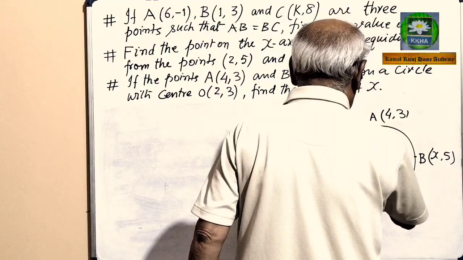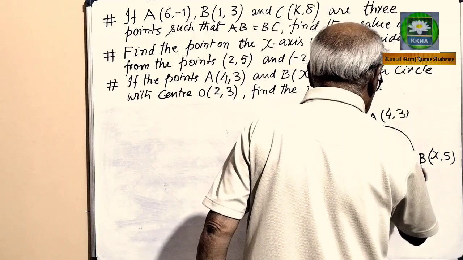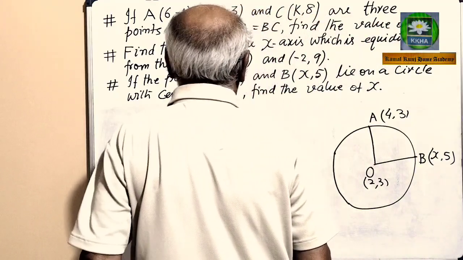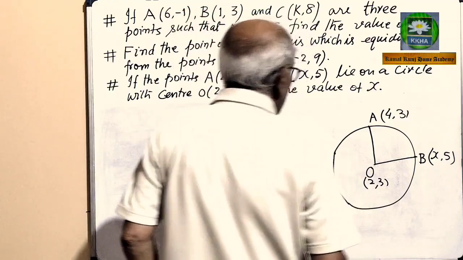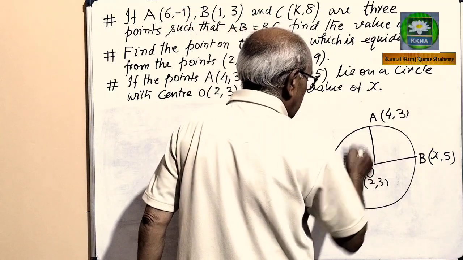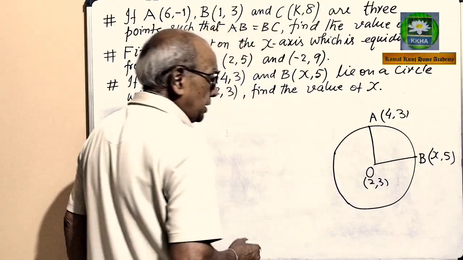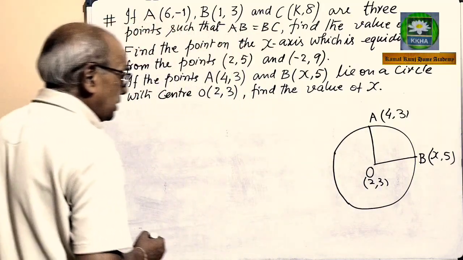We join OA and OB. Now, since A and B are on the circle and O is the center, OA and OB are radii of the same circle.